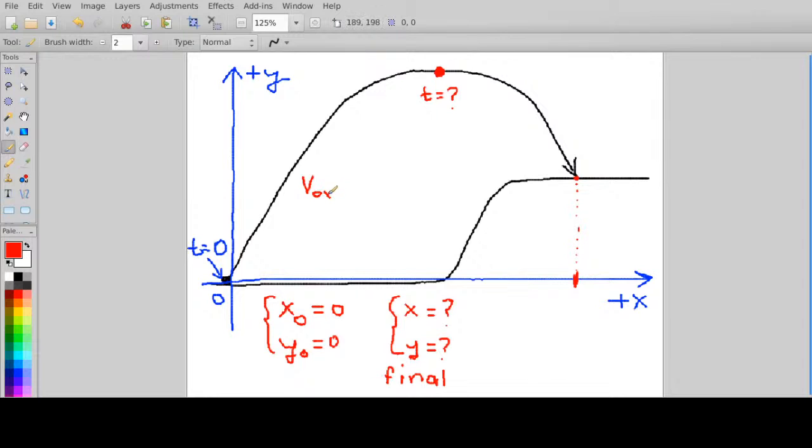We have to do Cartesian, v naught x and v naught y. I'll write them right here because I don't have any other place to put them. But if you read the problem, I don't give you v naught x and v naught y. I give you a velocity of 25 meters per second at 60 degrees above the horizon, which is basically telling you how fast it's traveling this way.